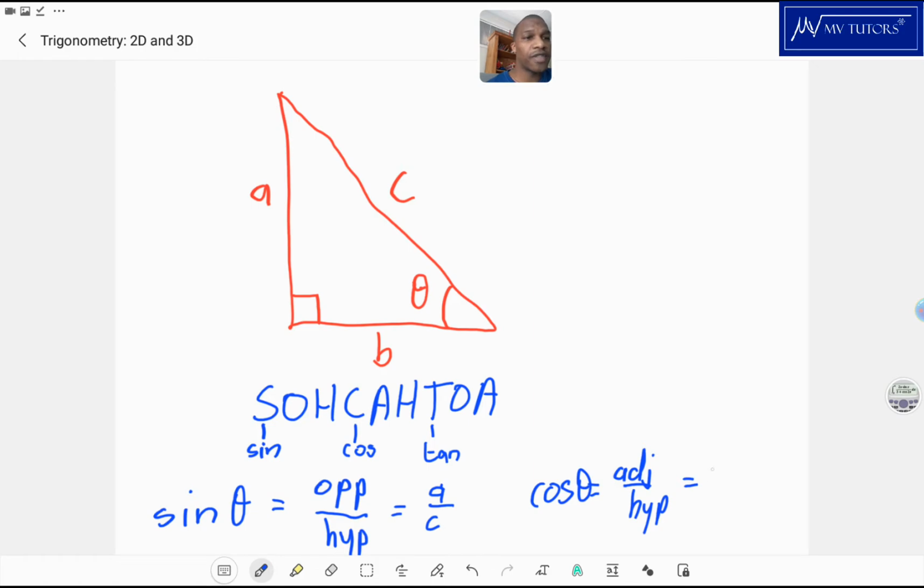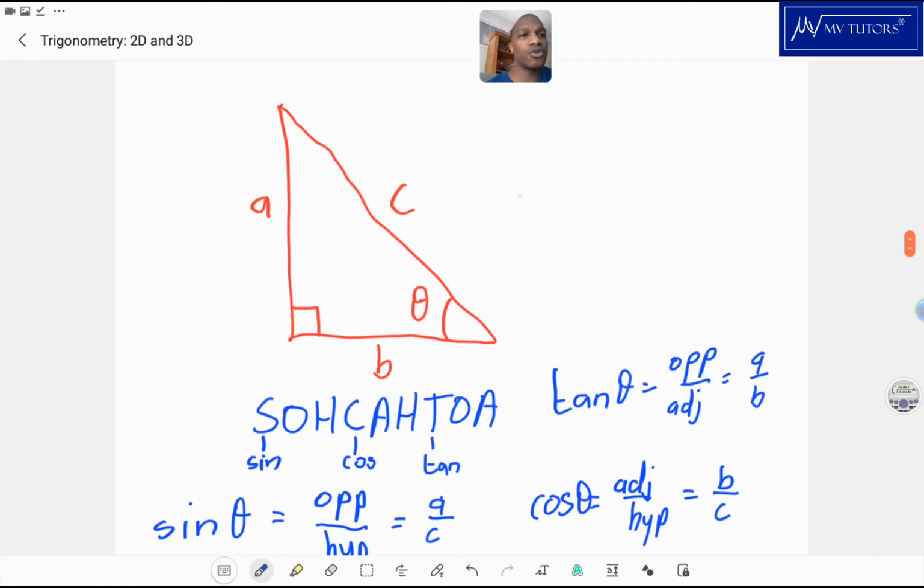Now, adjacent of theta is B over hypotenuse, which is C. And then let's do tan. Tan theta will then be equal to opposite over adjacent, and the opposite is A over B. That's if you have a right-angled triangle. You can solve any side and any angle using this.